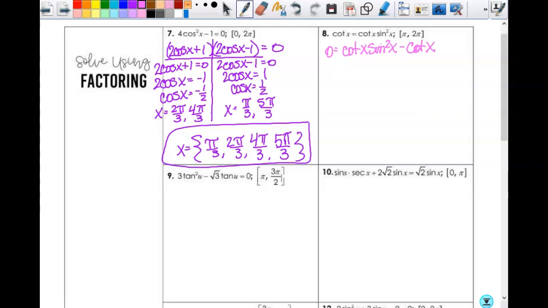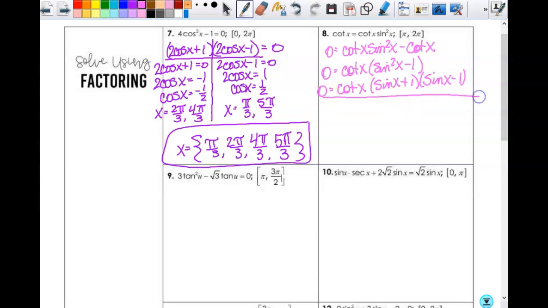Factor out the GCF. 0 equals cotangent x times sine squared x minus 1. Got difference of squares again. All right, so 0 equals cotangent x times sine x plus 1 times sine x minus 1.